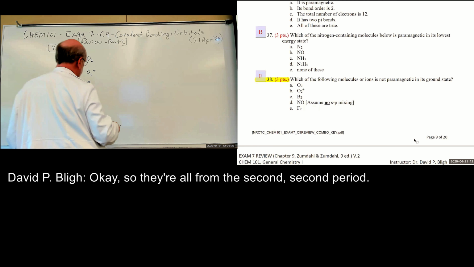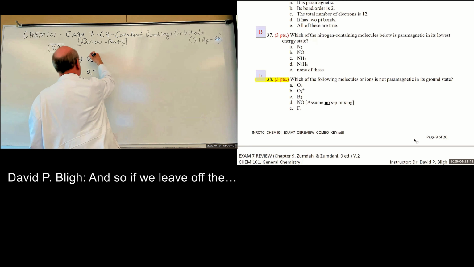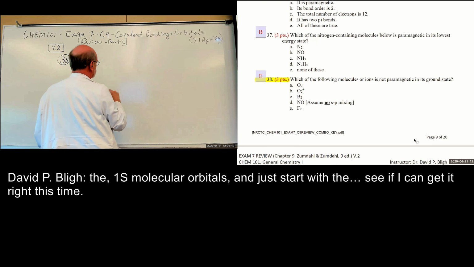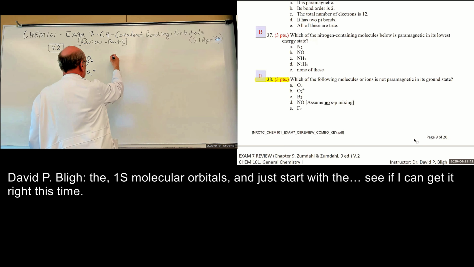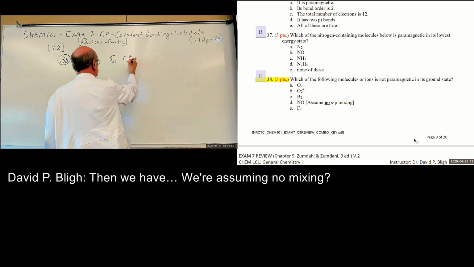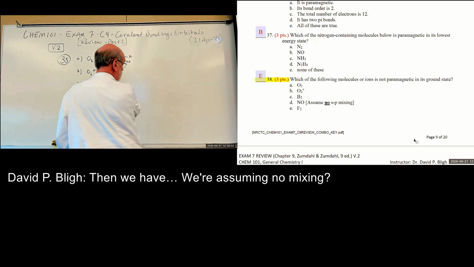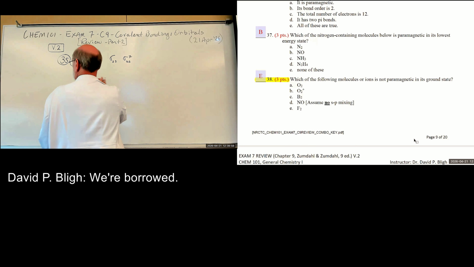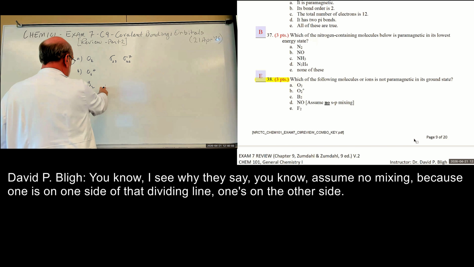Okay, so they're all from the second period. If we leave off the 1s molecular orbitals and just start with the second level, we're assuming no mixing. Well, boron is going to have mixing.